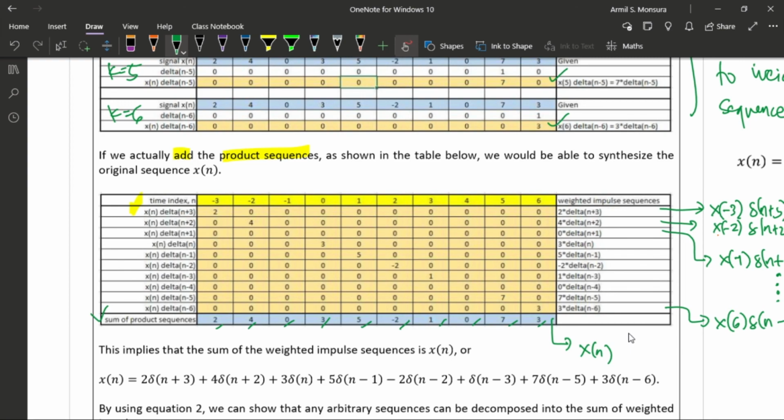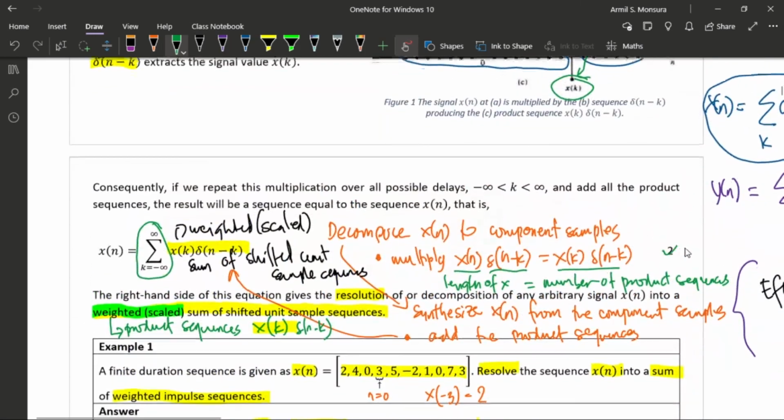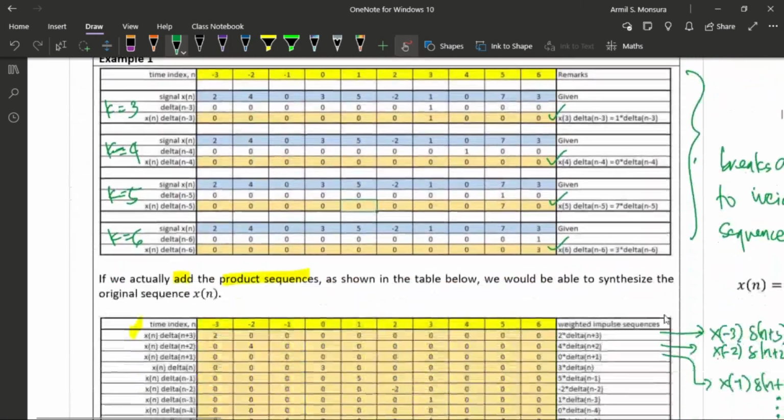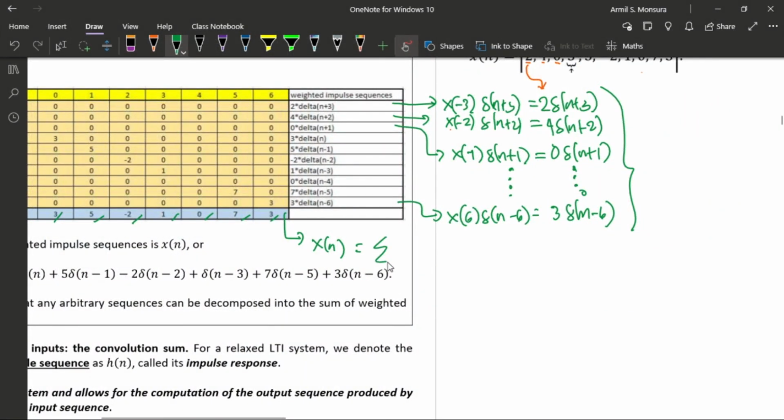Which means na pag in-add natin, according to equation 2, mabubuo natin si x of n if we add x of k, delta n minus k, yung product sequences natin, for k equals negative infinity up to positive infinity.